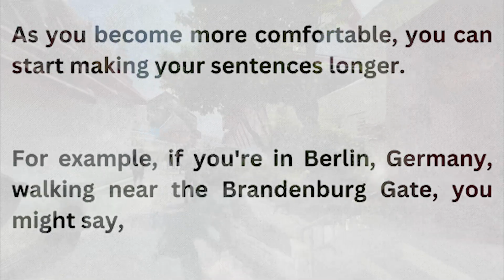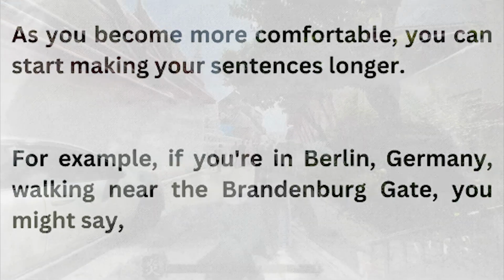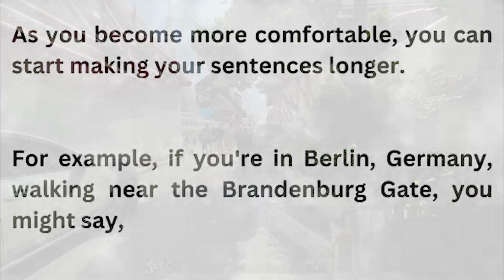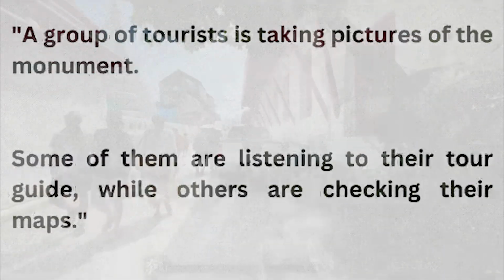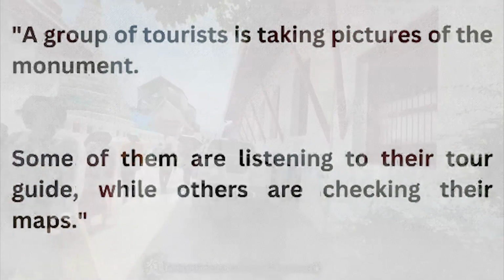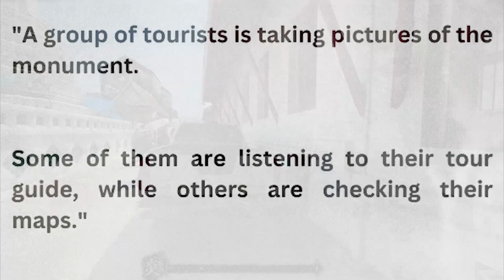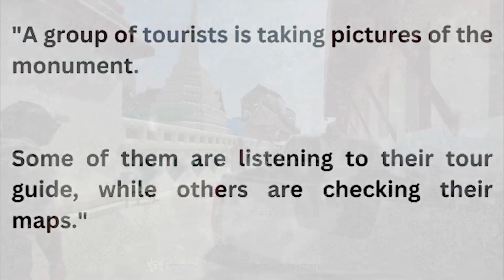As you become more comfortable, you can start making your sentences longer. For example, if you're in Berlin, Germany, walking near the Brandenburg Gate, you might say, "A group of tourists is taking pictures of the monument. Some of them are listening to their tour guide, while others are checking their maps."